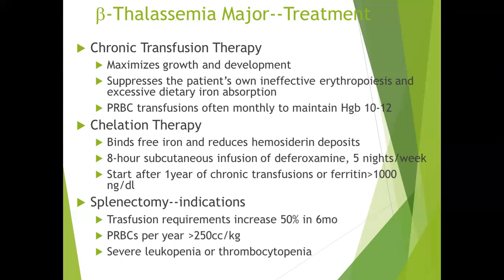The major pillar is that you need to maintain the hemoglobin of the baby who has thalassemia major between 10 and 12. If you manage it between 10 and 12, you will improve the quality of life of the patient, you will improve growth and development, and you will suppress the extramedullary hematopoietic process.